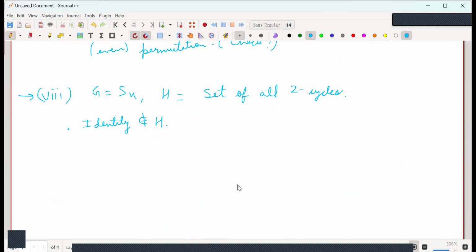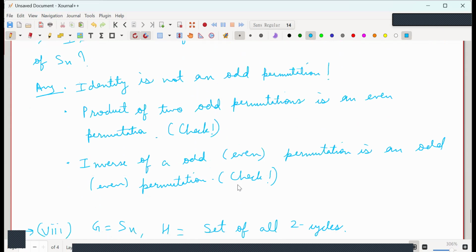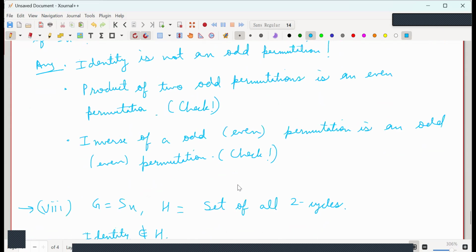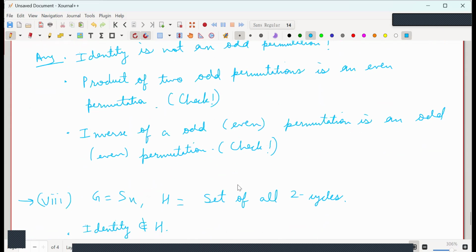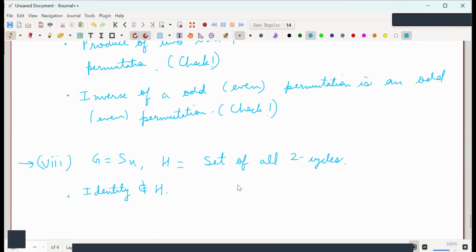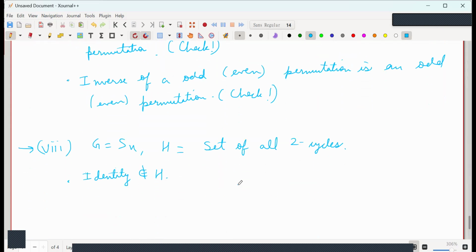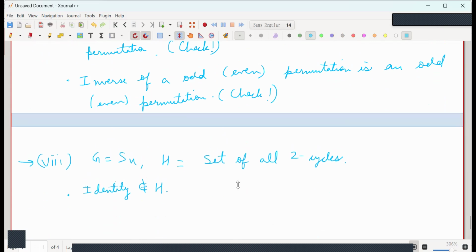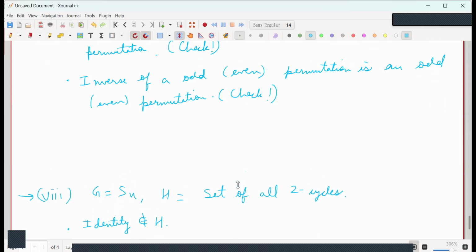So if you are taking an odd product of odd permutations, you will have an odd number of transpositions in total, so that means you will have an odd permutation. Maybe I can just write it somewhere, because it's a little confusing at entry level.